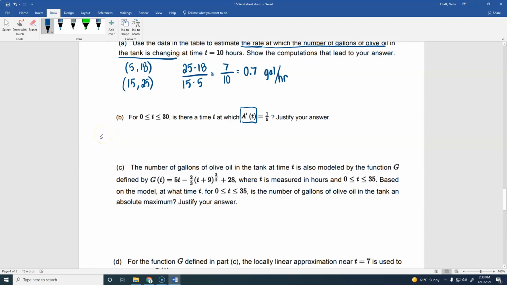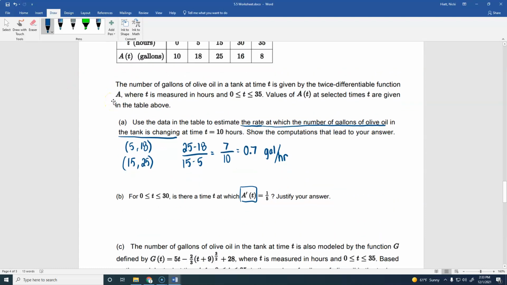Alright, so if this said A of t equals 1/5, it would be intermediate value theorem. But since it's A prime, its derivative, then that means that it's mean value theorem. It's less work.